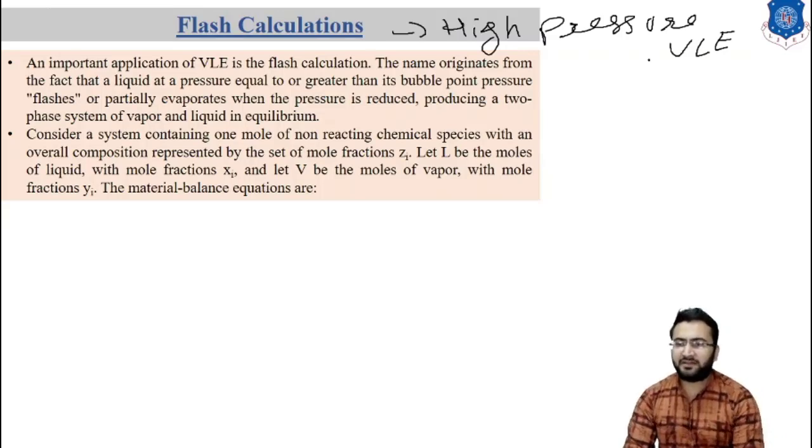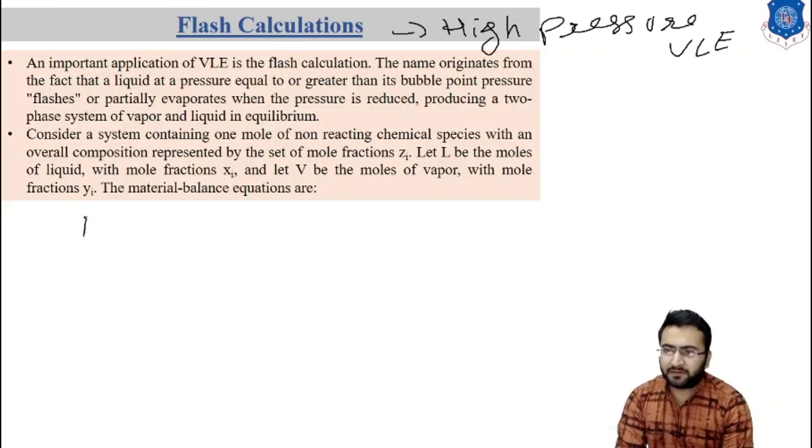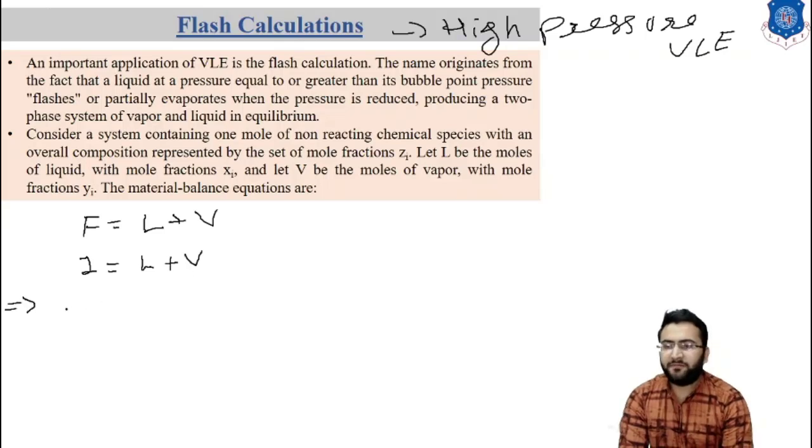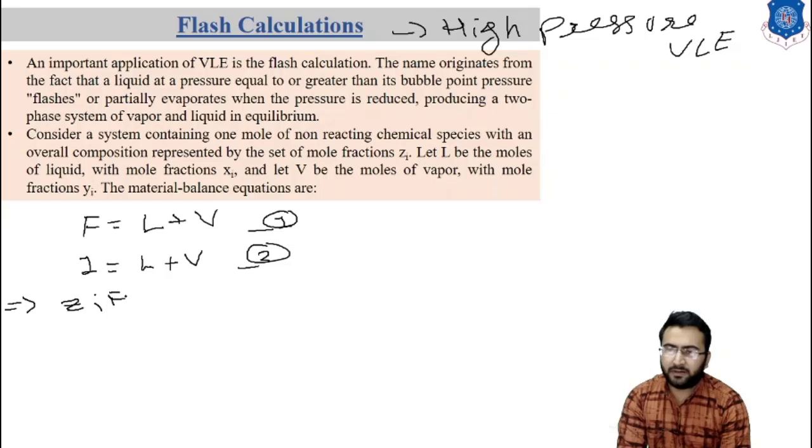The material balance can be given by F is equal to L plus V. But if we use 1 mole, then it becomes 1 is equal to L plus V. Let's take this as our equation number 1. Now, for the component mass balance, which is our equation number 2, we use the mole fraction of feed times feed, which is equal to the mole fraction of liquid, Xi, times L, plus the mole fraction of vapor component times the moles of vapor.